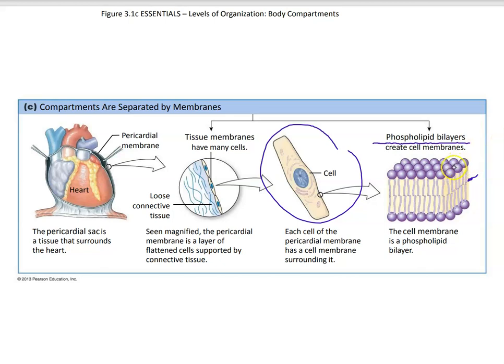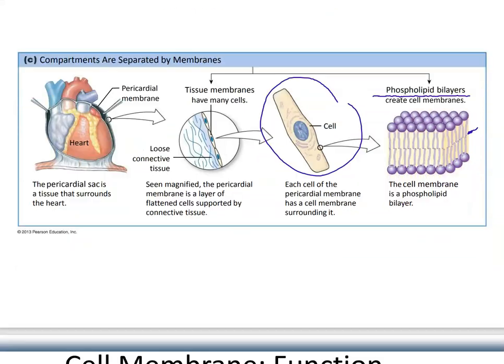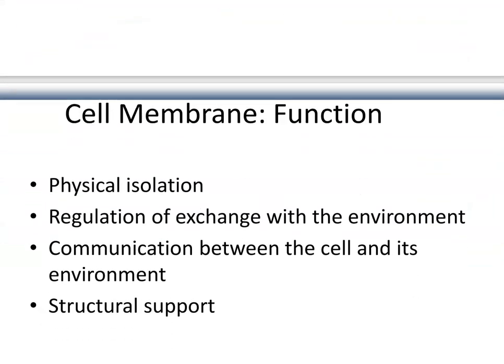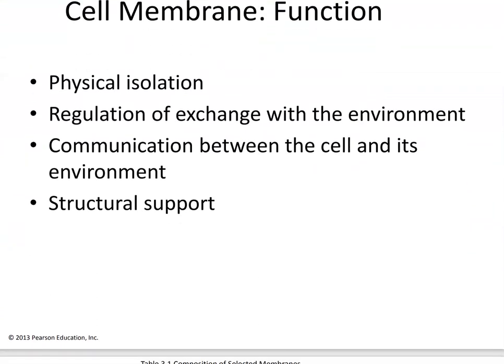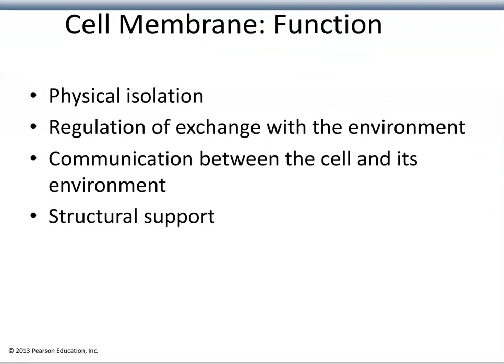And so therefore they make a nice junction to the water-based exterior and the water-based interior of the cell. And then as a nice border, we have this lipid layer that is not permeable to water, is hydrophobic in nature.